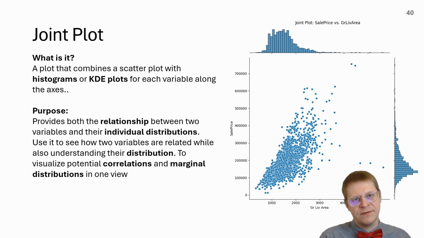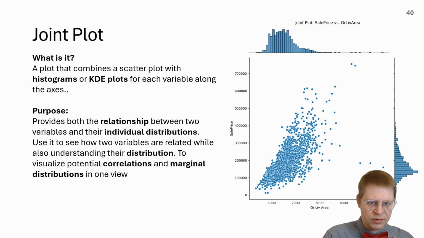This comprehensive visualization is perfect for understanding both the overall trends and the finer details of each variable's behavior. Again, you can see here the correlation, you can see the data shape here, and it contains more information than you'd get from just a scatterplot.